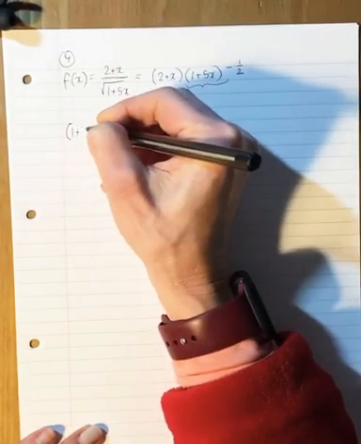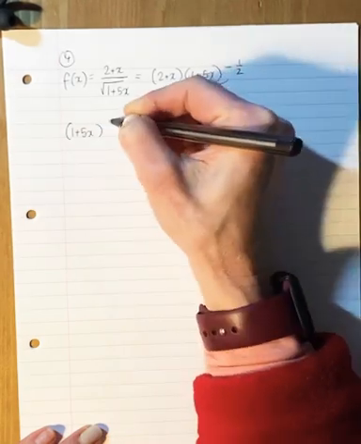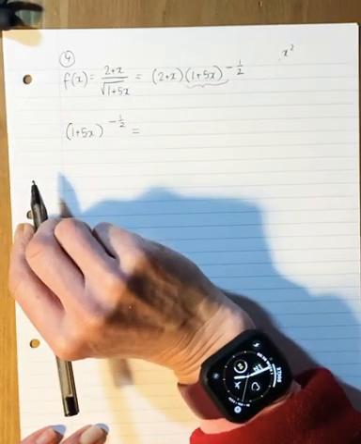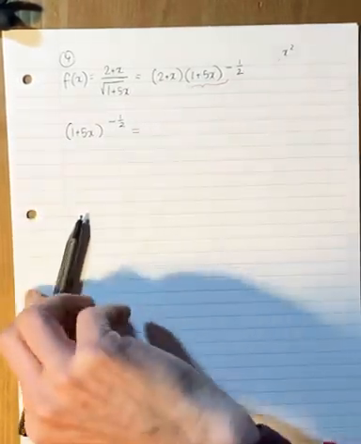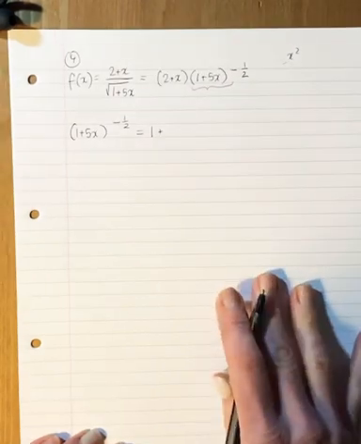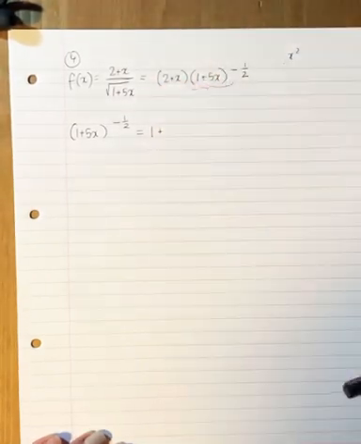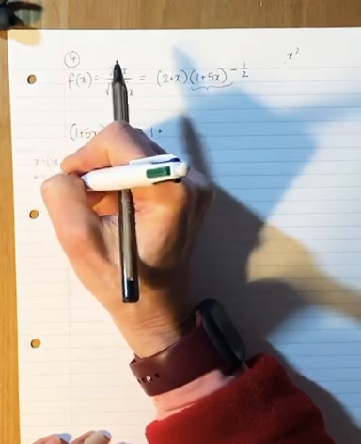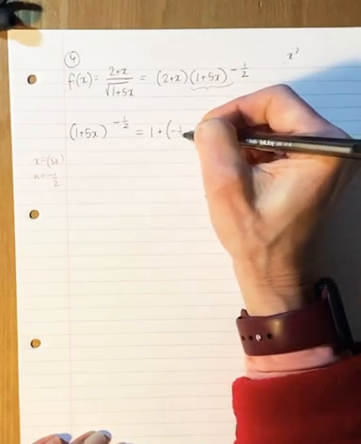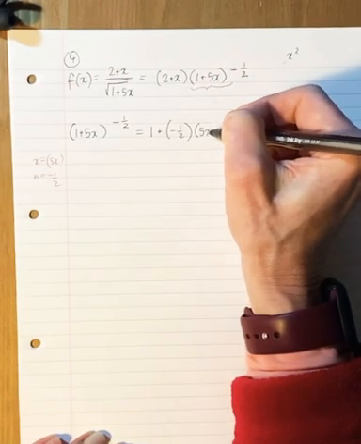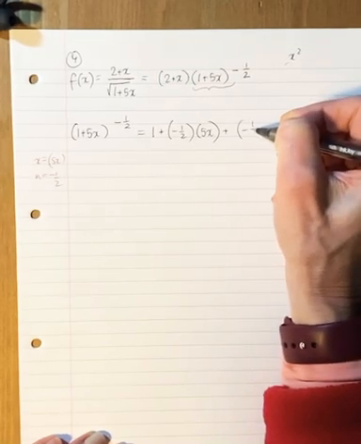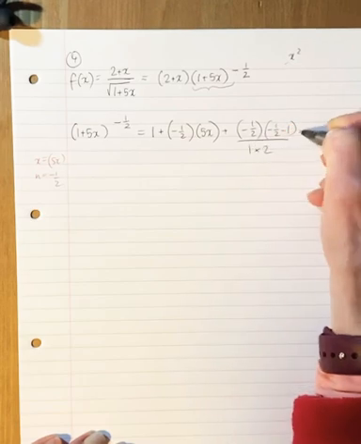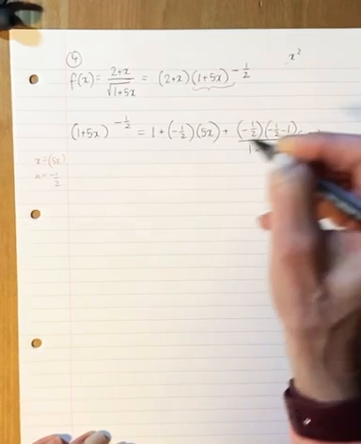In this question, they are asking us to find the x squared term. So I'm going to expand this up to the x squared term. So 1 is always 1, then it's n times x. My x is 5x and n is minus a half. So it's going to be minus a half and then 5x. And then we have minus a half, minus 1, over 1 times 2, and then 5x all squared.